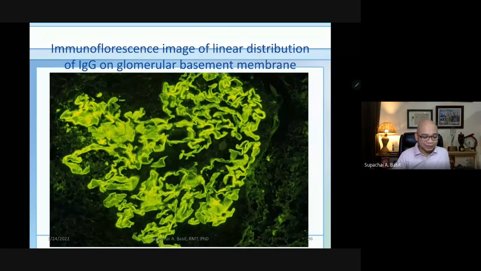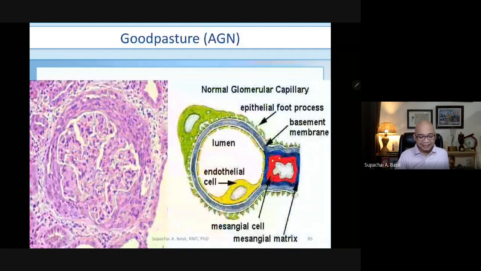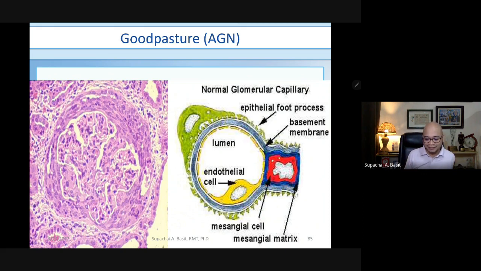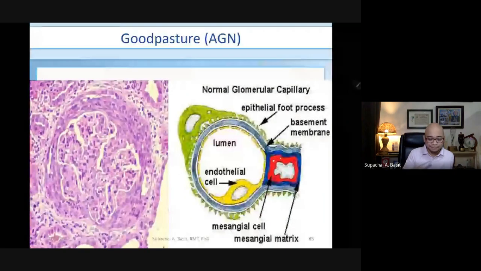Sorry, I forgot to move my slide, but let me show again. This is the picture of the capillary of the person with immune complex. Okay, if these capillaries are found in the kidneys, acute glomerulonephritis could actually happen.